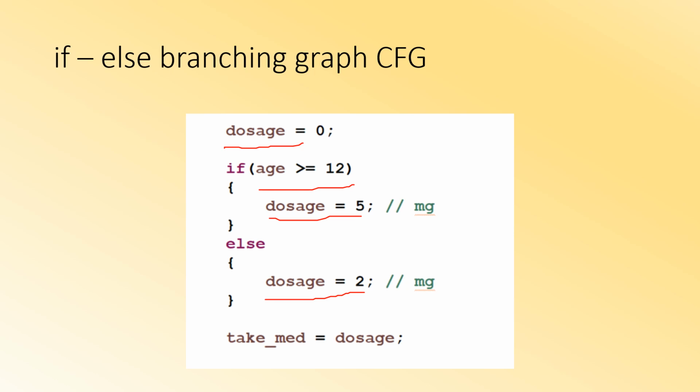And then finally, after determining the age-specific dosage, we take that medicine of the correct dosage. So this is a very simple example. This also contains the if statement that we studied in the last video, but here we also have an else. So this was new from the last video.